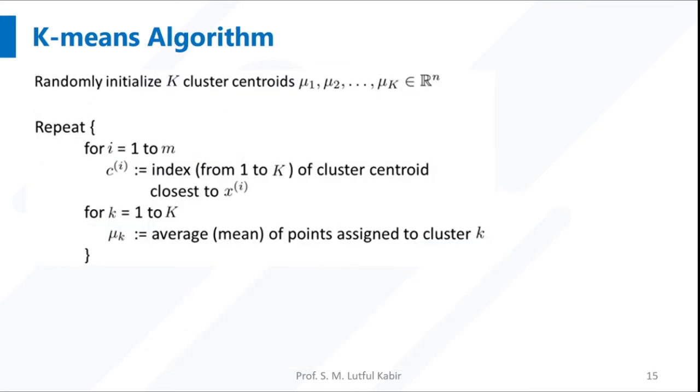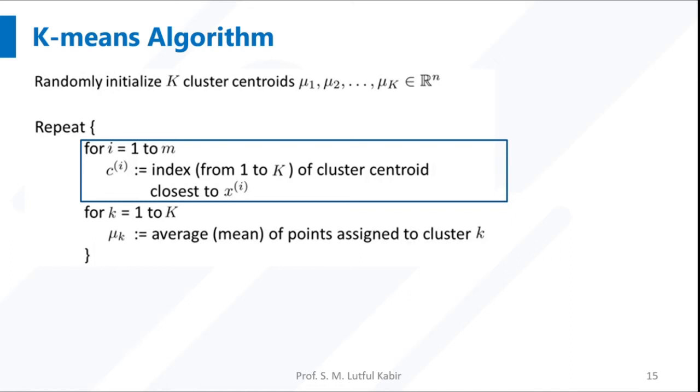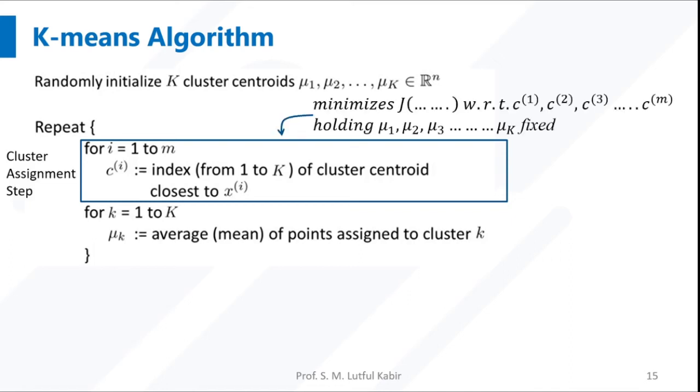In the previously discussed flowchart, this is one group of action which we call the cluster assignment step, and we are actually minimizing the cost function with respect to c1, c2, c3 because we are moving c1, c2, c3 holding mu1, mu2, mu3 fixed, because we don't change the centroid position while we are changing ci.